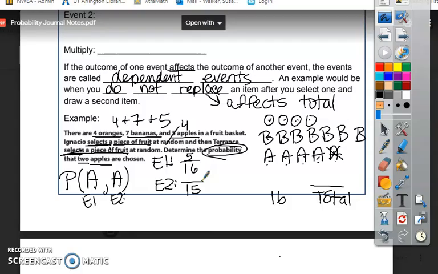How many are apples? 1, 2, 3, 4. Now what I will tell you is neither one of these will simplify. E1, E2, multiply. Here's E1. Here's E2. None of these would simplify.